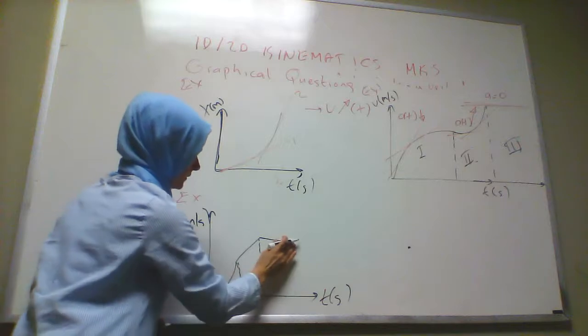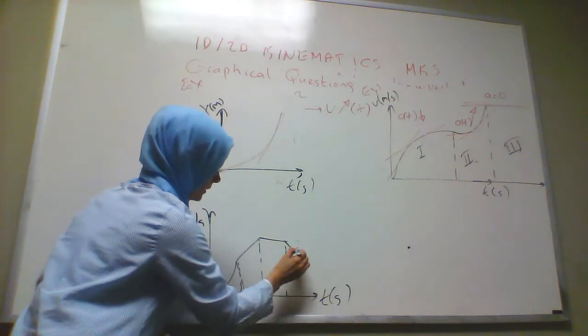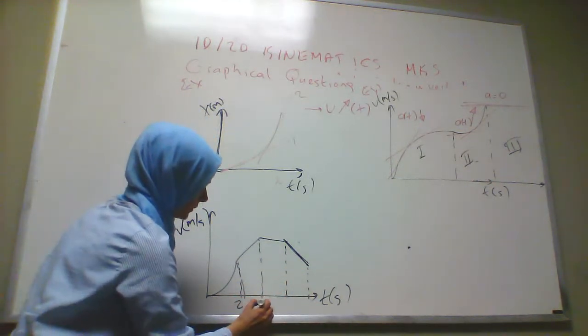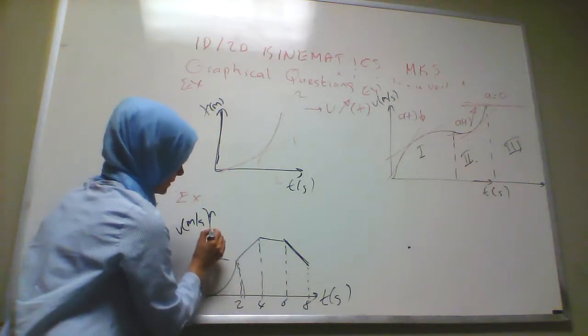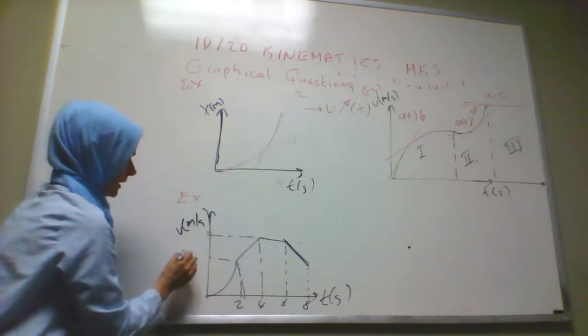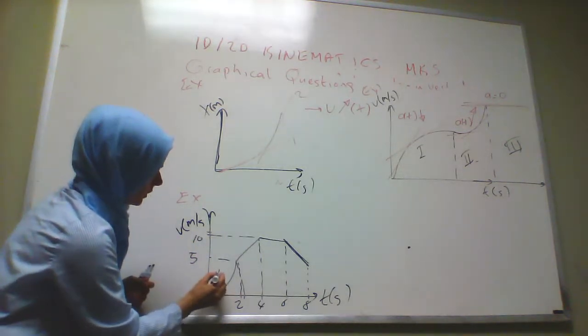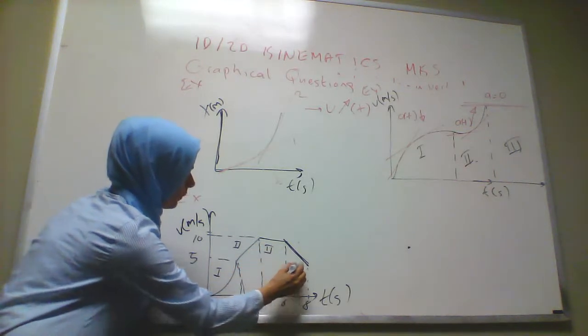Let's have one negative section as well. Let's say it's going down like this. And I have times increasing 2, 4, 6, 8 seconds, and I have velocities 5 and 10, let's say. I'm calling these sections again 1, 2, 3, 4.